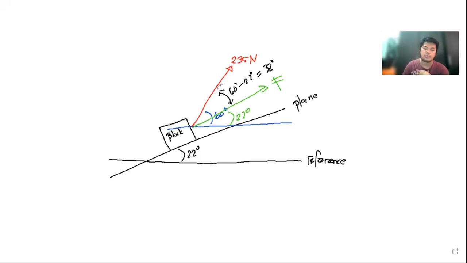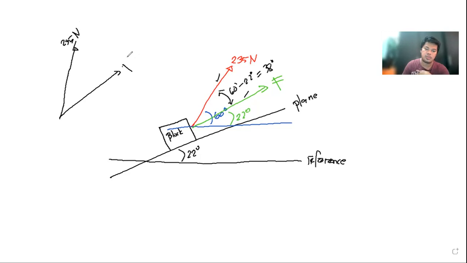Now, we will be redrawing this force and this force. So that would be force F, and then another, 235 Newton.